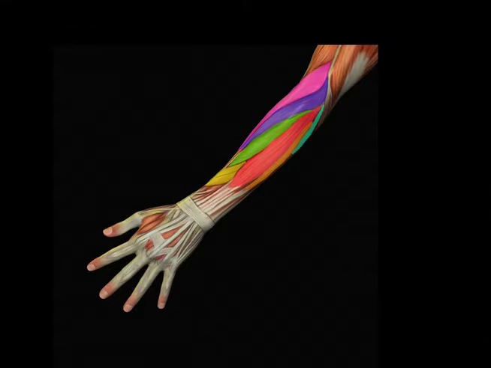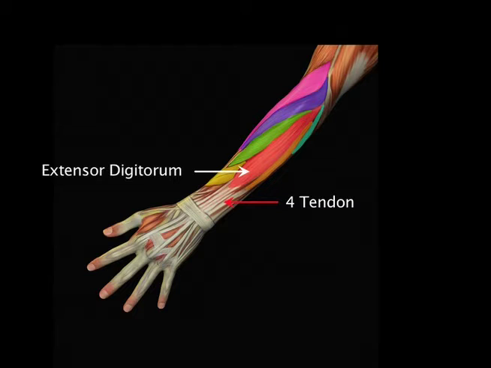It means this muscle also has a common origin with the other extensor muscles from the lateral epicondyle. The muscle has four tendons, which pass underneath the extensor retinaculum, like all extensor tendons.